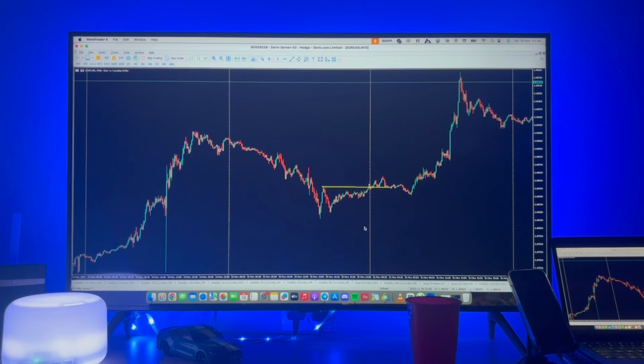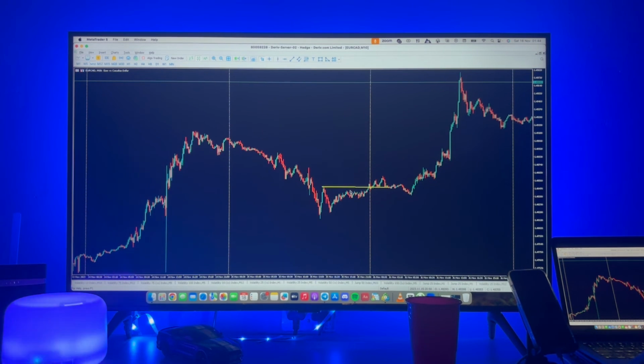Maybe if we find ourselves in that situation, we can come up with a solution, because every problem has a solution. If you don't have a solution, you are probably the problem. So this is the closing high towards the closing of the day, and this is also the closing. It just depends which one you pick. And as you can see, price did close above here.